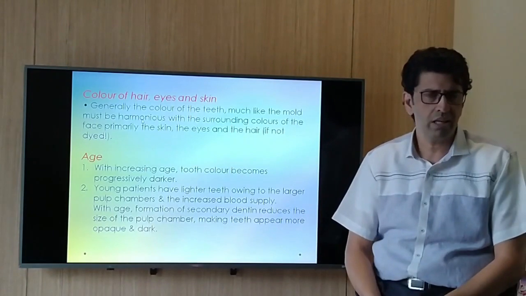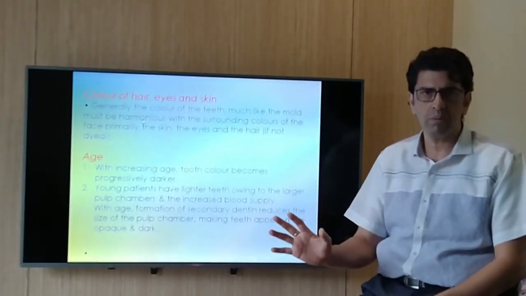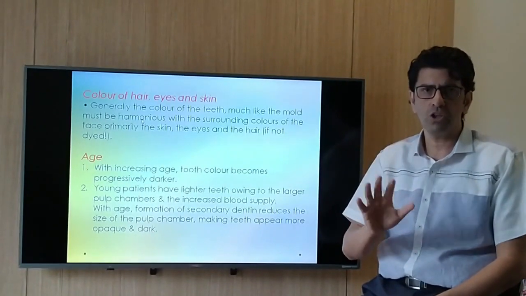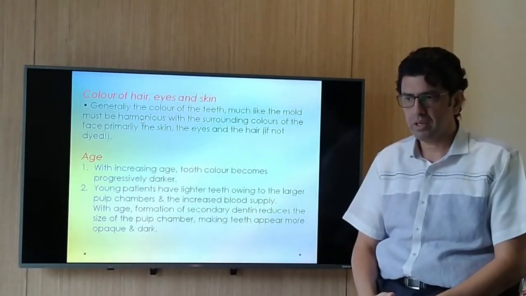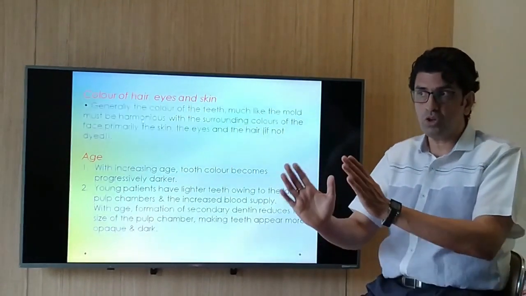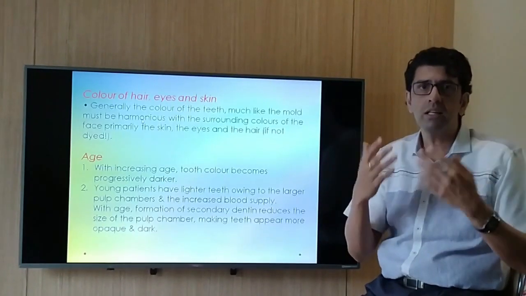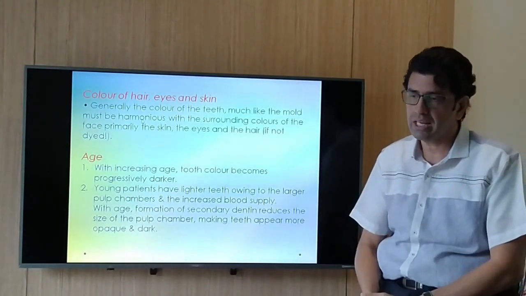Even skin tones are changed by makeup. So having a face without much makeup and selecting your color will be a really good idea. Or a makeup that the patient constantly uses. If the patient constantly uses a certain type of makeup or certain tone of skin color makeup, then that's what you want to select with.